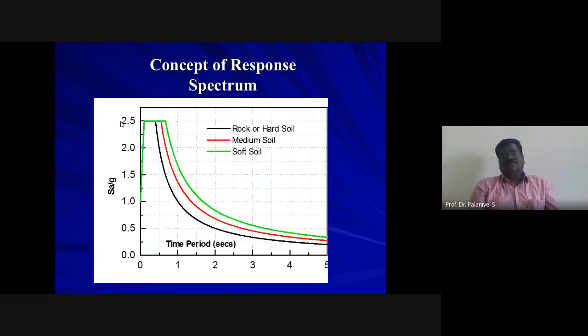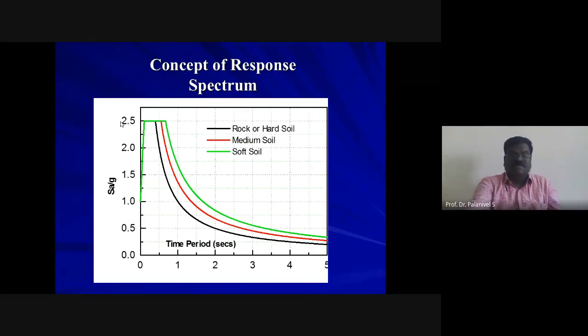It means the design lateral loads will be higher. The magnitude of design lateral loads, the horizontal forces likely to act on the structure during an earthquake, is going to be very high. So that is the meaning of this concept of response spectrum.